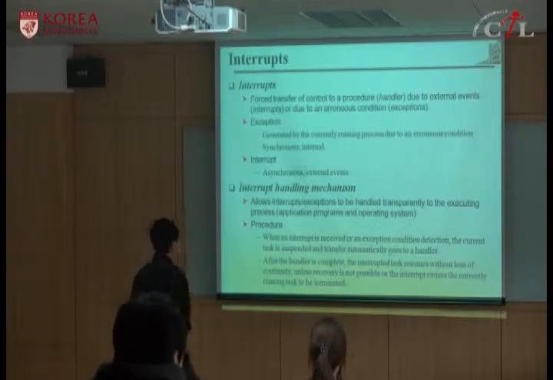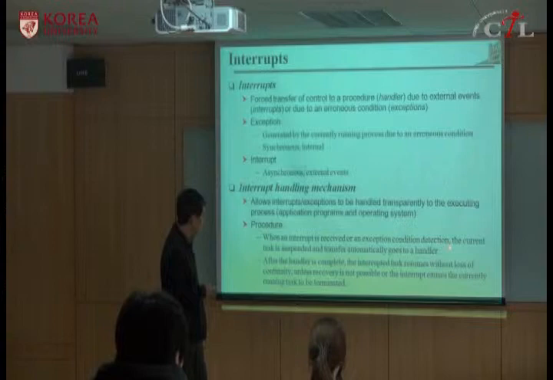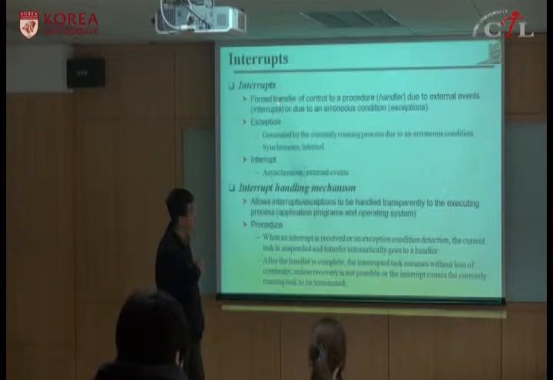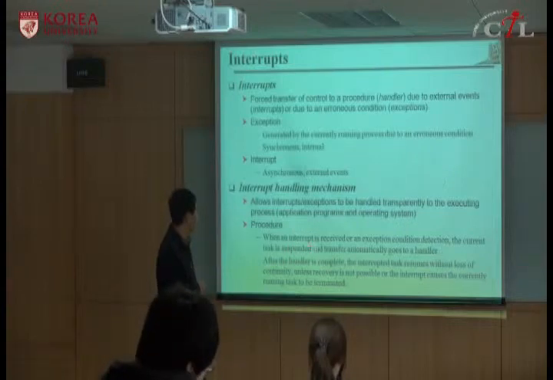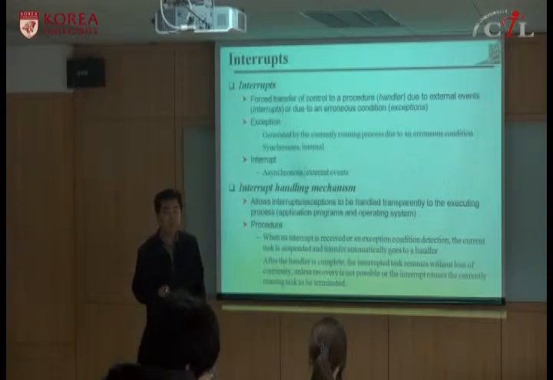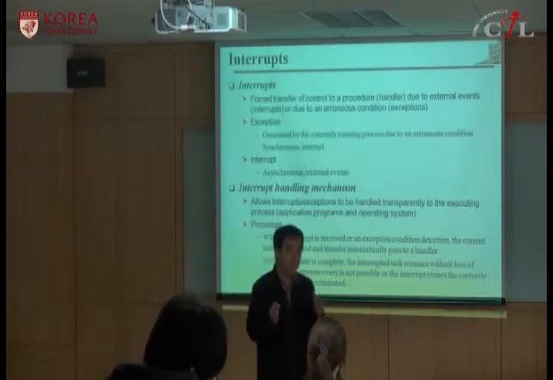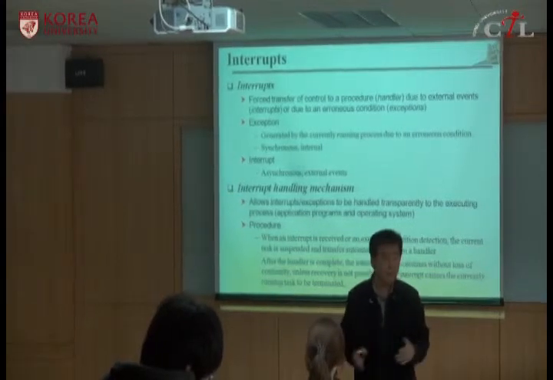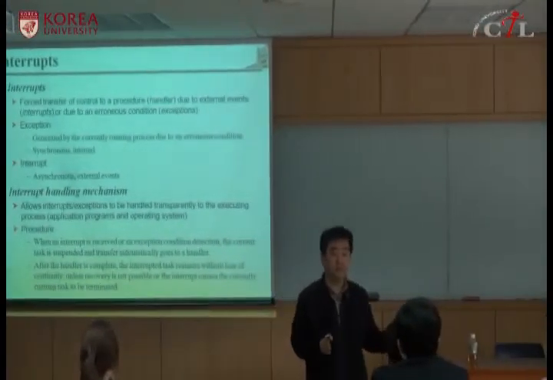The procedure is, when an interrupt or exception is received, the current task is suspended because you need to do a control transfer by force to a handler, and the transfer goes automatically to a handler. For each event, there are many different exceptions and many different interrupts.